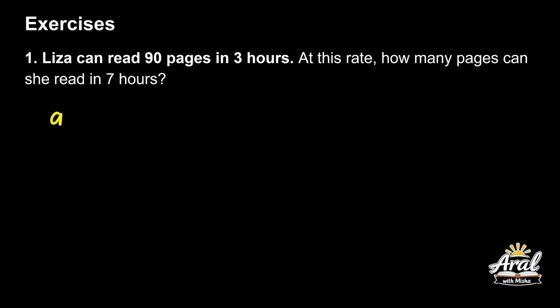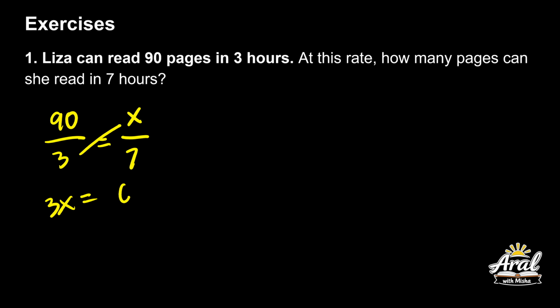So, ratio and proportion tayo. 90 pages in 3 hours daw. Okay? Is equals to, at this rate, how many pages can she read in 7 hours? So, X. Then, 7 hours yung sa baba. So, crisscross. 3 times X is 3X is equals to 90 times 7. 90 times 7 pala, 630.